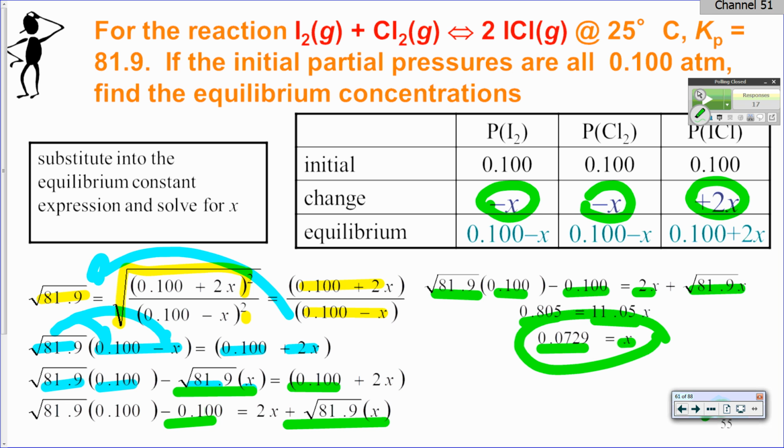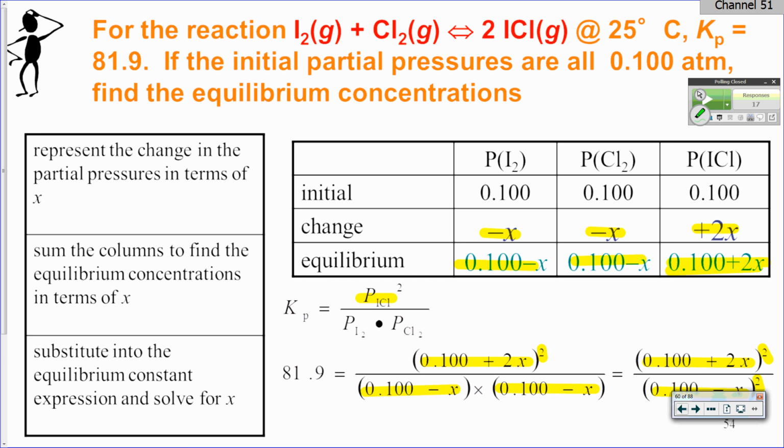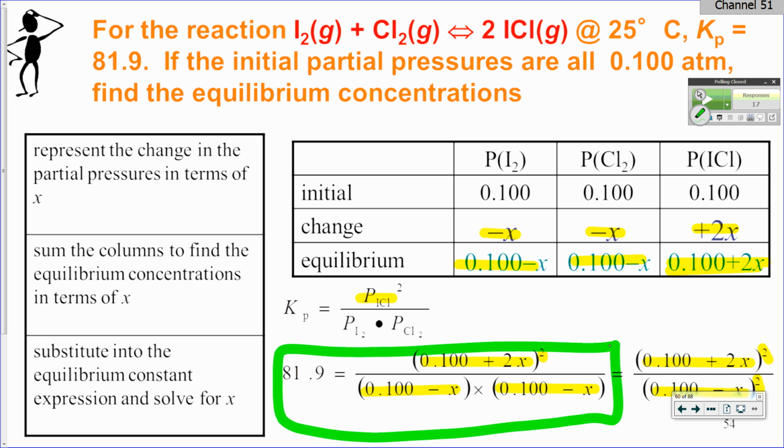But if we can get this to the point where we're here, that's half the points with me. Okay, partial credit rules. If you can set the system up here, so if you can write this part of it out, set up the ICE table, figure this out, apply it, set up the K sub C, I'll give you at least half the points on the problem you have to do.